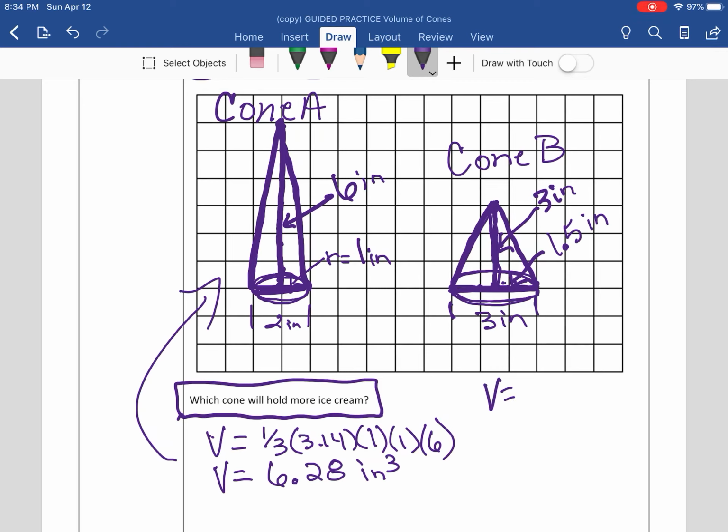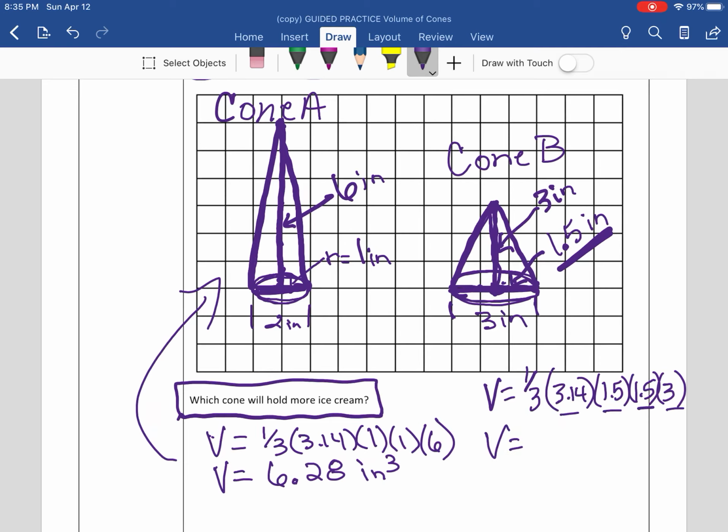Well, let's find out the volume of cone B. Volume equals 1/3 times pi times the radius. Now it's 3 across, so half of that, the radius is 1.5 inches. 1.5 times 1.5 times the height, which is 3.